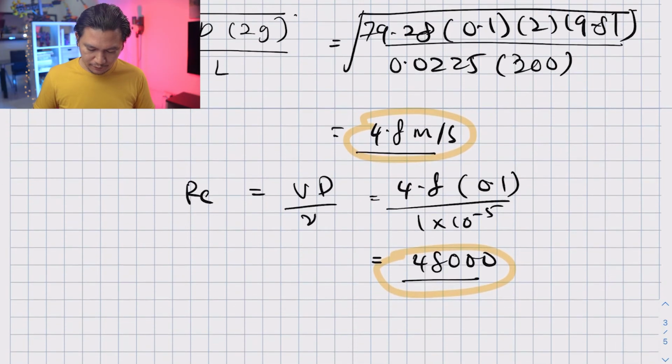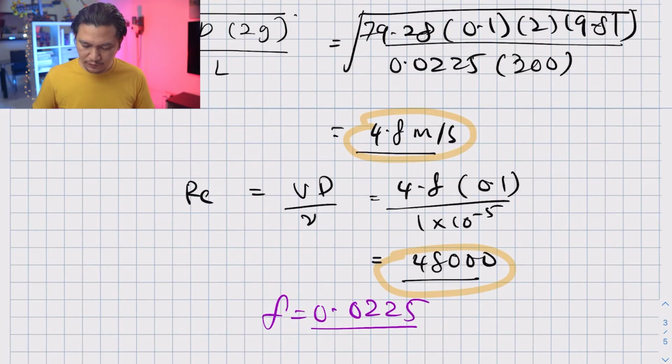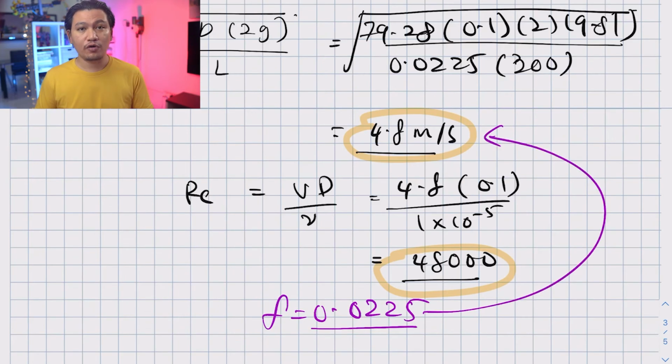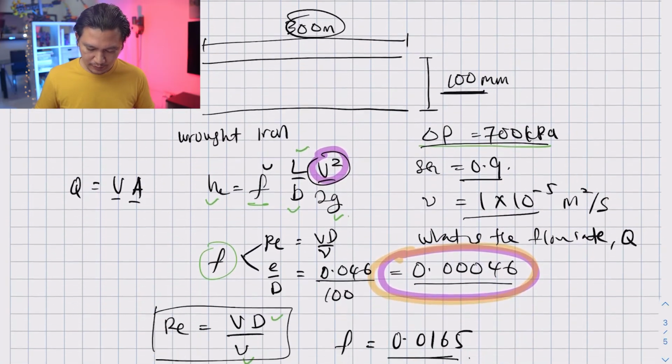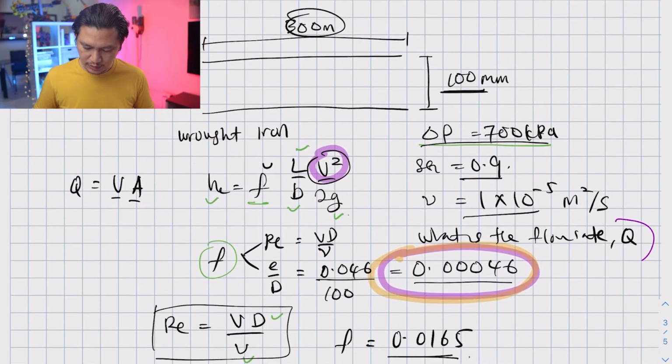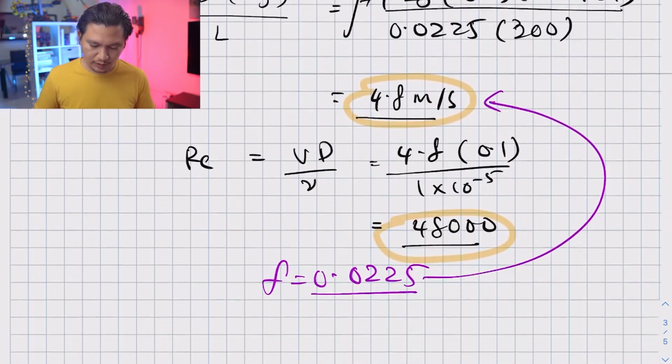So our new F is also 0.0225, right? And this will give you the velocity of 4.8 meter per second, right? And remember our original intention, that is to find the flow rate, which is Q, and Q is velocity times area. Finally, we can do that.